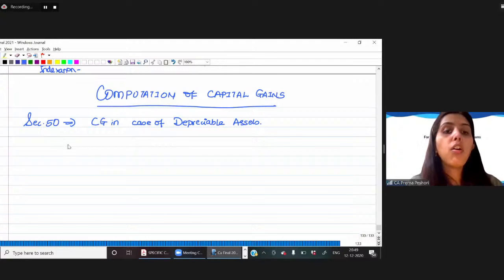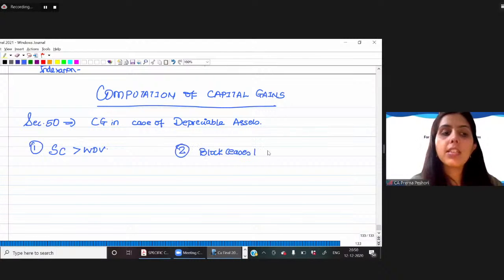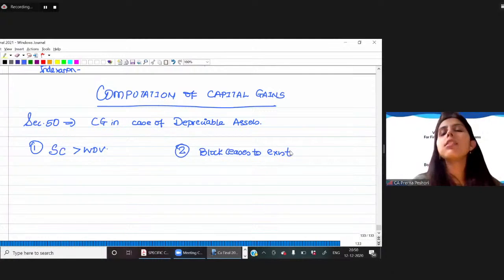So only when the sale consideration is greater than WDV, and second, when block ceases to exist, only in those cases capital gain will arise.